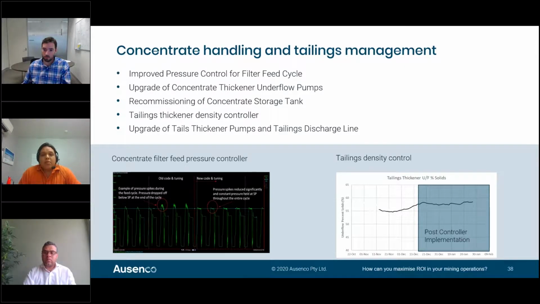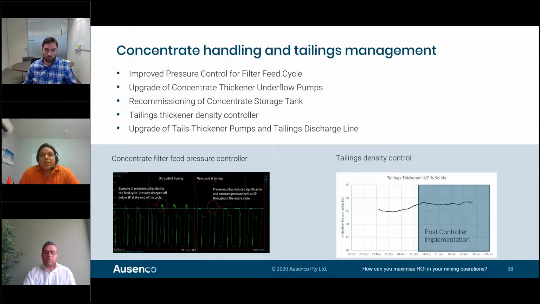So that was related to tuning of the feed cycle, and as you can see in the image, the pressure would overshoot, but then this was normalized and controlled better to a target set point.